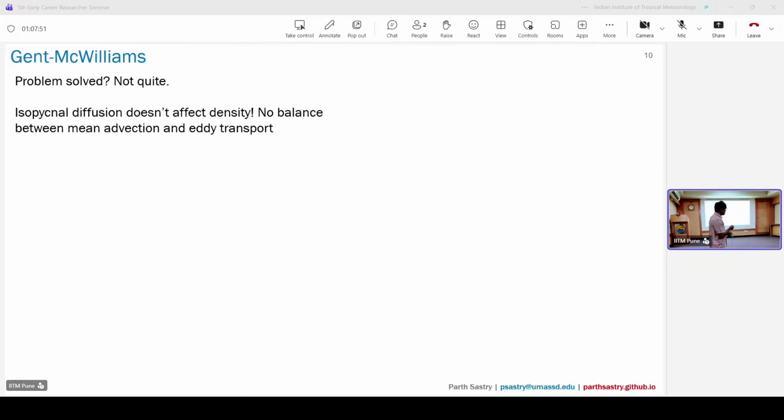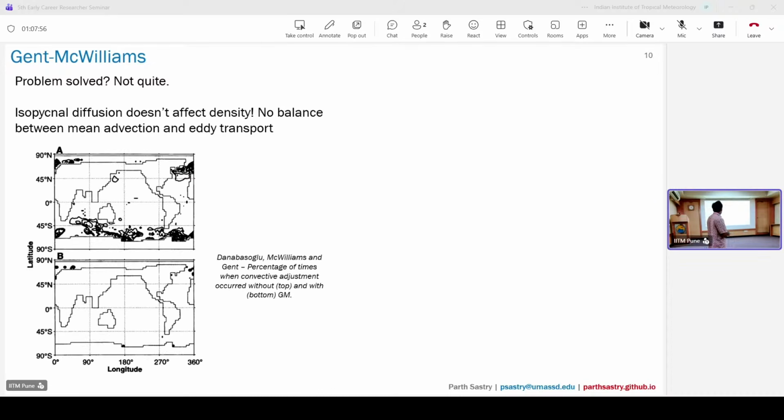eddy transport. And this was identified as early as the 90s by Gent and McWilliams, who observed that in a model run that they were running, you had a large amount of convective adjustment happening mostly in the Southern Ocean, because it's a very mesoscale energetic region of the ocean.